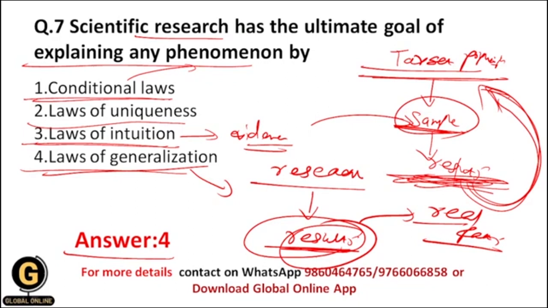And laws of uniqueness means that the things or materials have unique properties, but this kind of law is not applicable in research methodology. Conditional laws, laws of intuition, and laws of generalization, these are the 3 laws which are applicable in the research methodology section. Okay, that's why here the correct answer is 4.